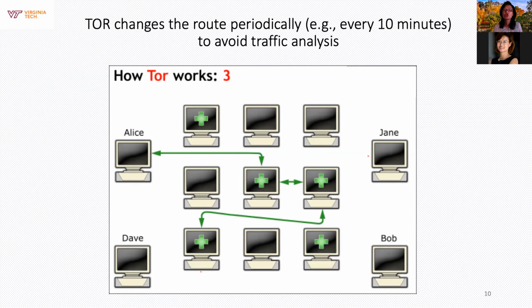And so each relay will only see traffic coming in and going out, but will not be able to see, okay, this is the final destination. They do not have the bird's eye view. And so each connection uses symmetric key encryption to set up.